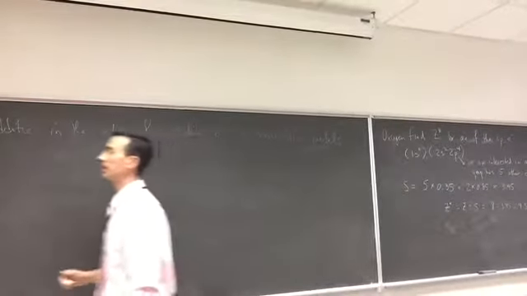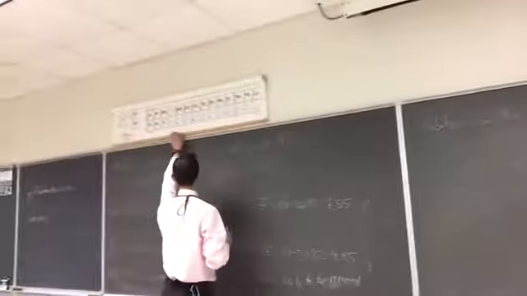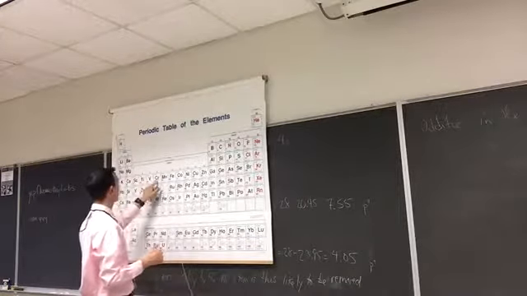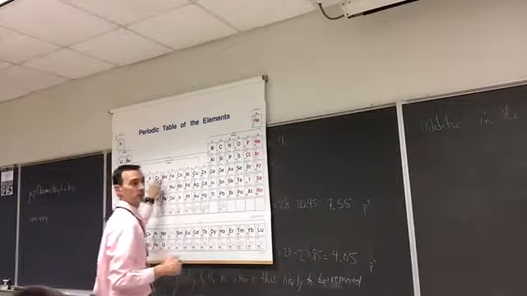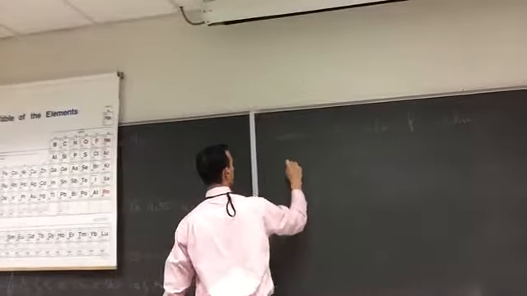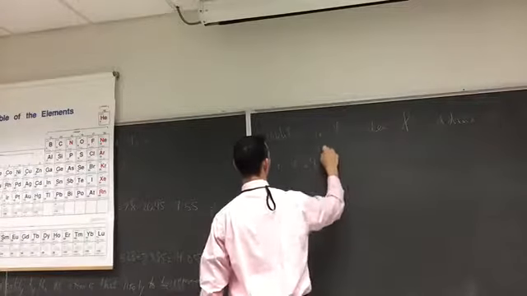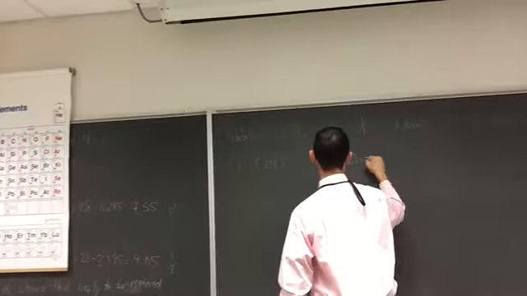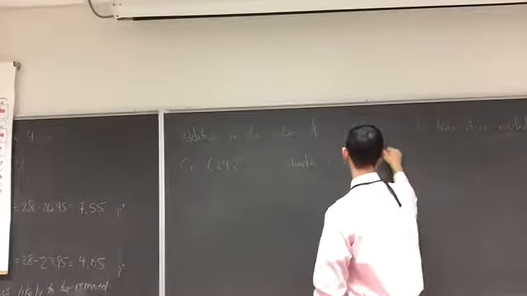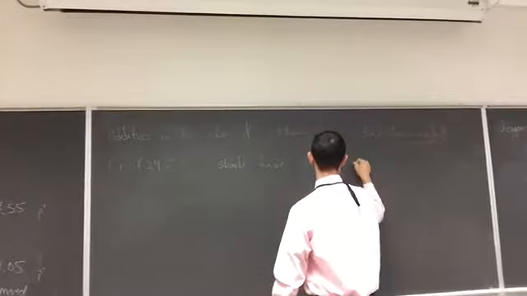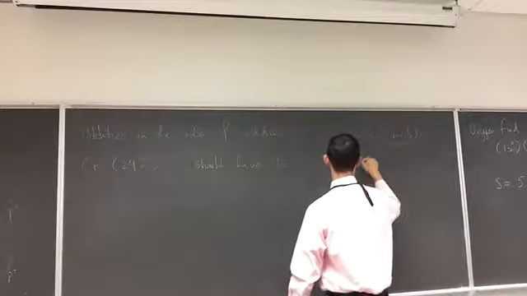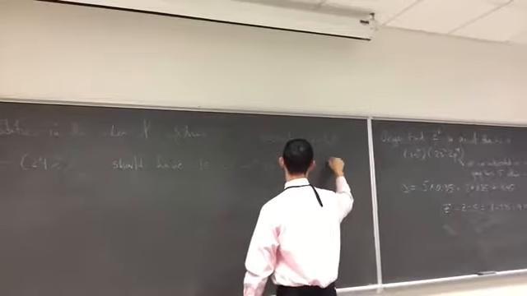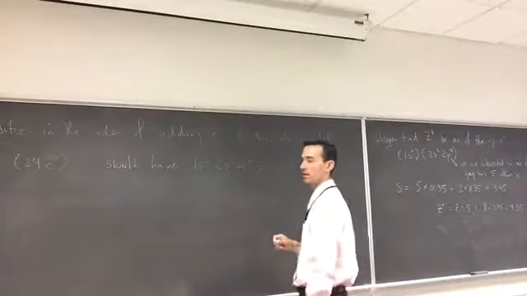The first place where this is most famously pointed out and observed is usually right here with chromium. Chromium, which has a total of 24 electrons, looks like it should have a 1s2, 2s2, 2p6, 3s2, 3p6, 4s2, 3d4 configuration.